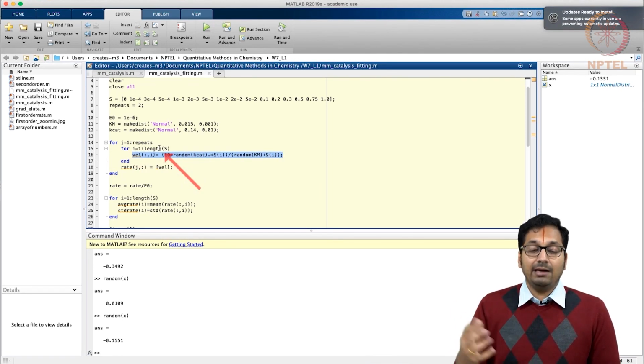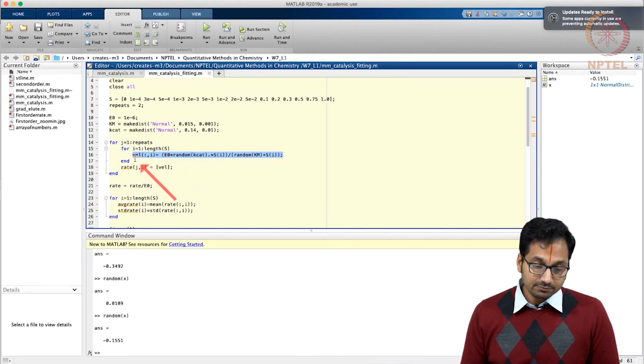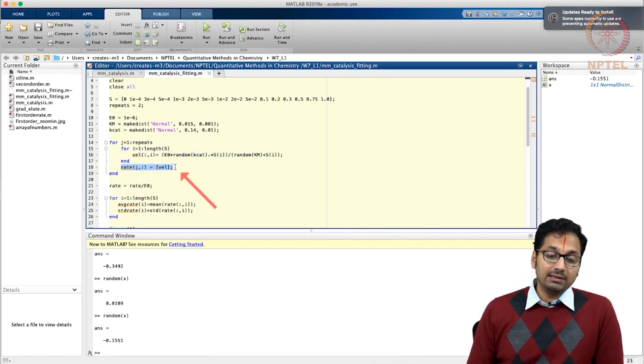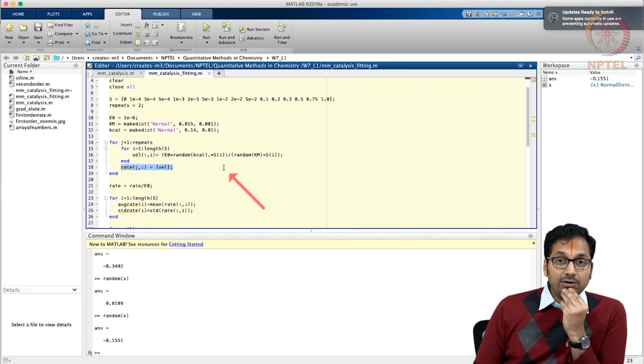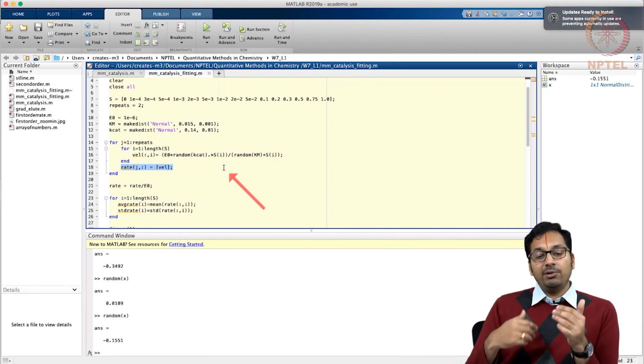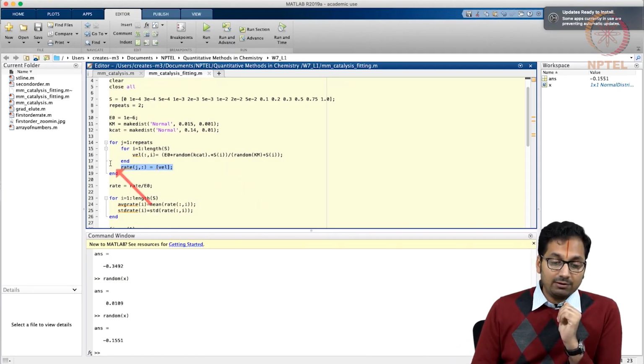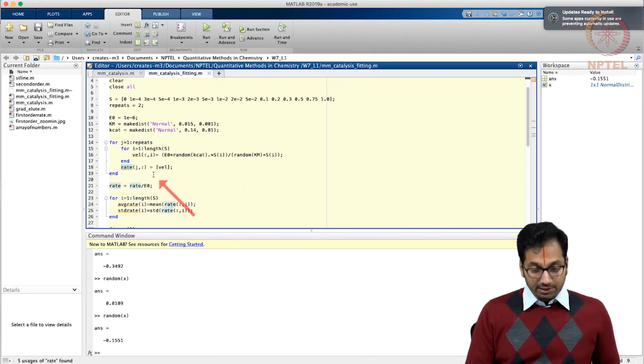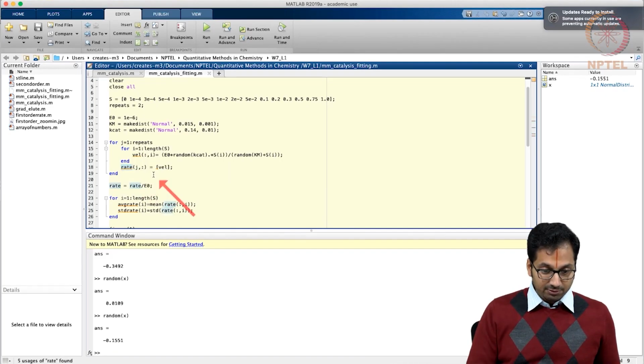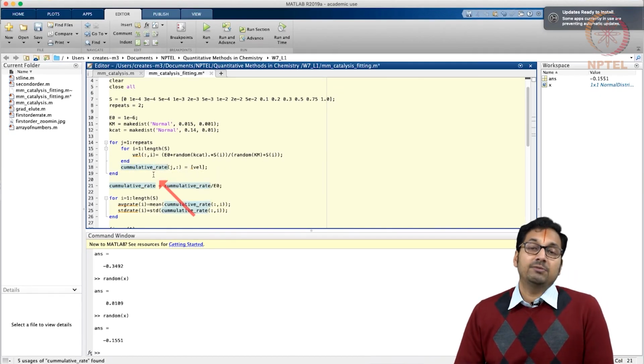So you are going to randomly determine the rate, and then of course, as we did last time, we are also saving the rate for all these repeats, so that we have a memory of how many repeats went through, and that goes finally into the value rate. We can always change this rate into cumulative, so that we understand what this variable is.